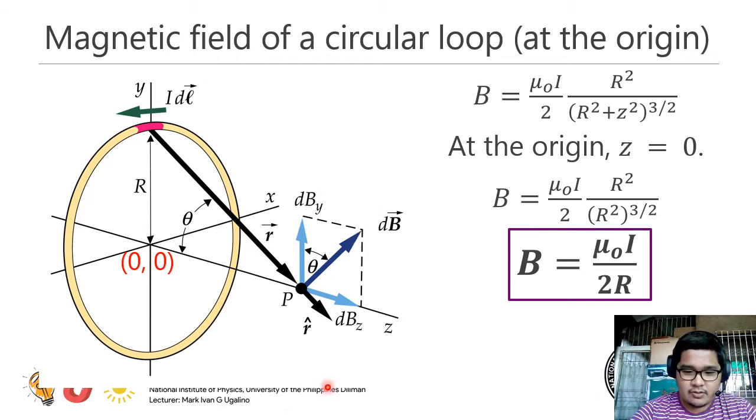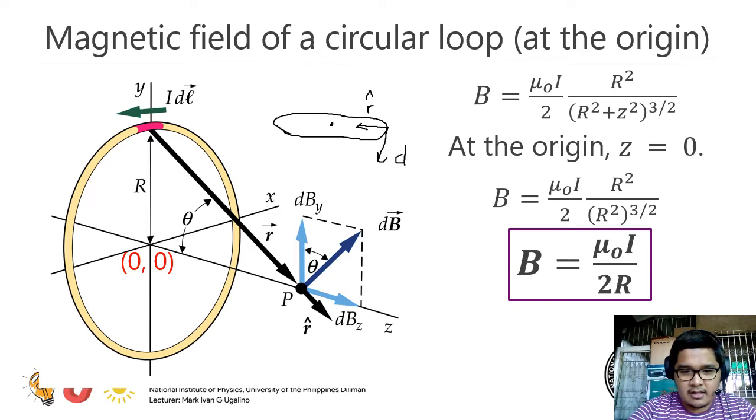So for example, we can make an illustration. If this is your loop, and if you consider a point here that is at the center of the loop, we can define dl to be some vector that is tangent to the circular loop. Here is your r hat, pointing towards the center.